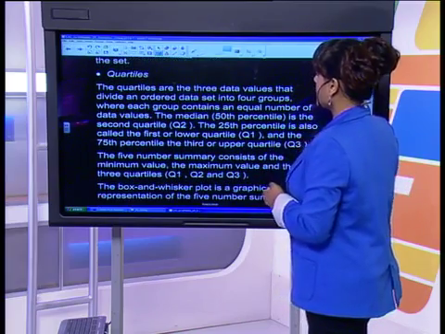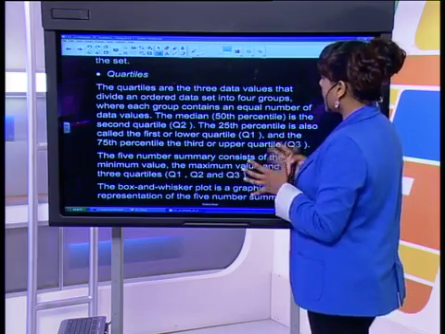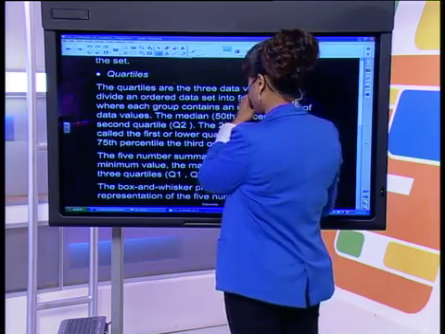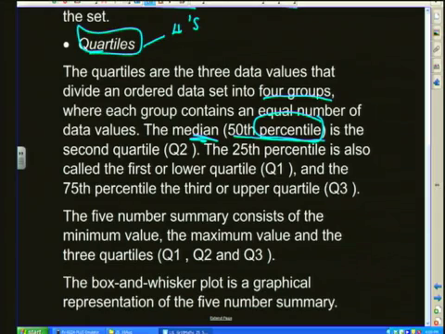Your quartiles, those are the three different data values that will divide an ordered data set into 4 equal groups, okay? Where each group contains an equal number of data values, as I said. The median, also called the 50th percentile. Let's have a look at the word percentile. So we know that quartiles, as the name implies, divide your data set into 4s.